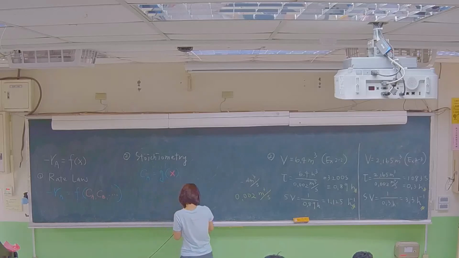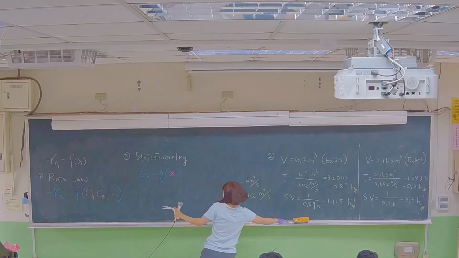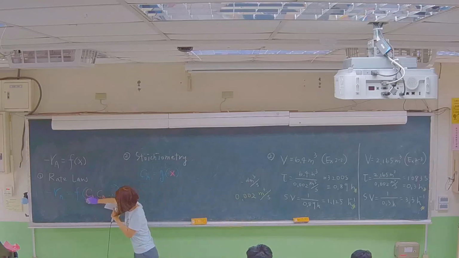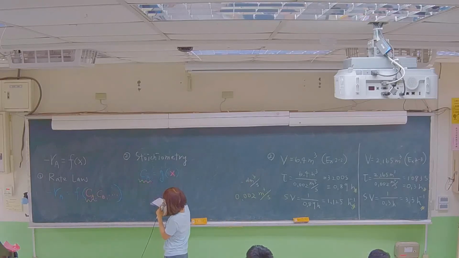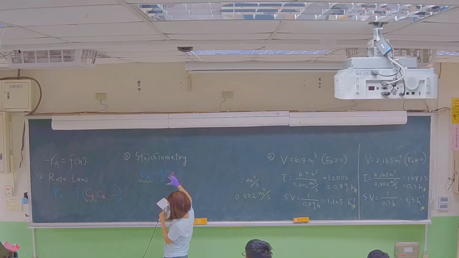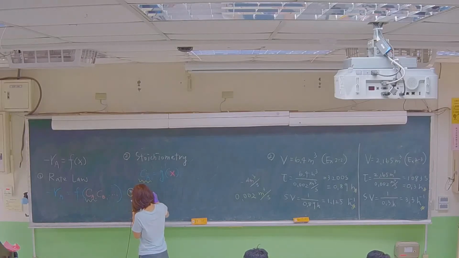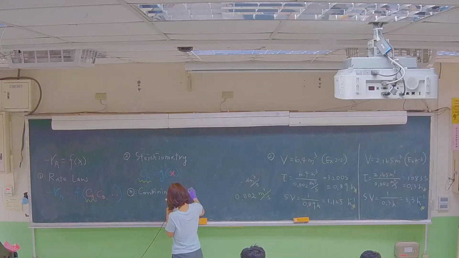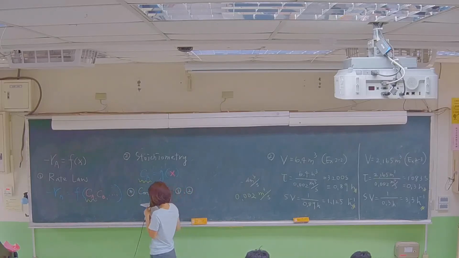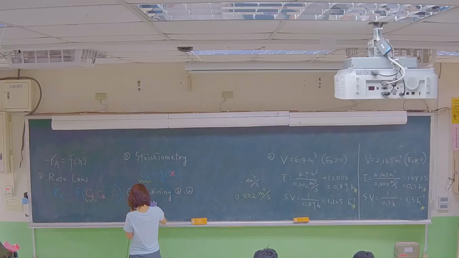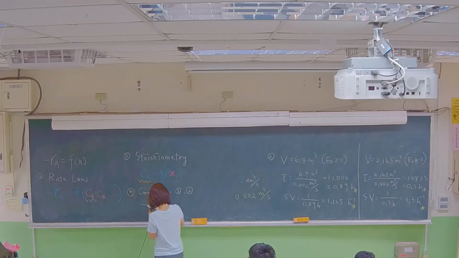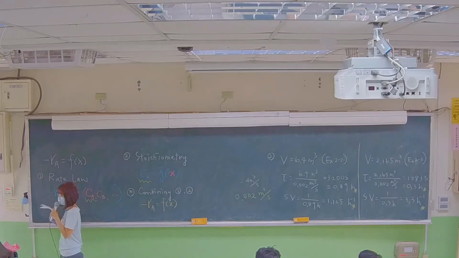Okay, so actually this one is this one, right? So if you combine the rate law and the stoichiometry, finally you can write down the reaction rate as a function of conversion. That is the purpose.